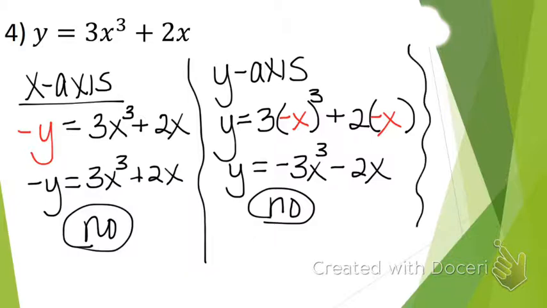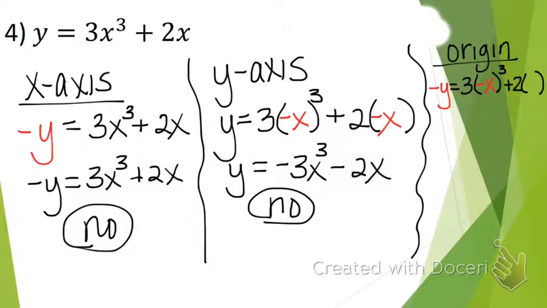So let's check to see if it has origin symmetry. I wrote kind of big, so I'm going to squeeze that in over to the side here. So origin symmetry. We have to check both. So I have negative y, and that equals 3, and then I have a negative x here, and a negative x here.